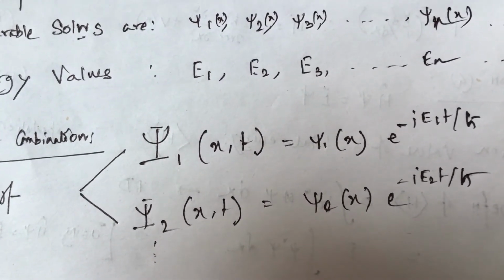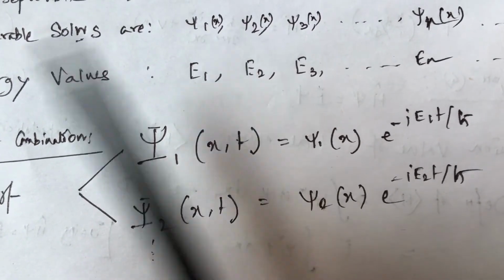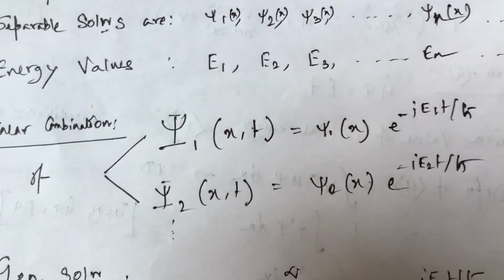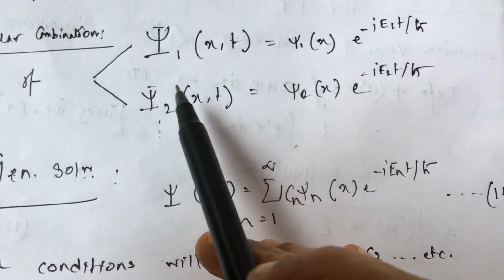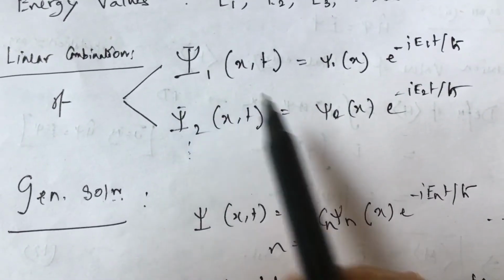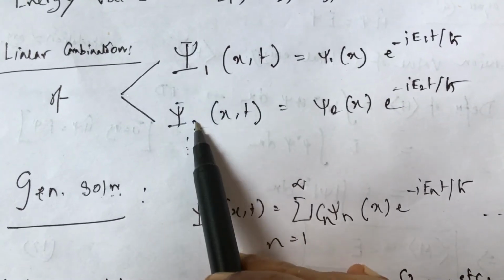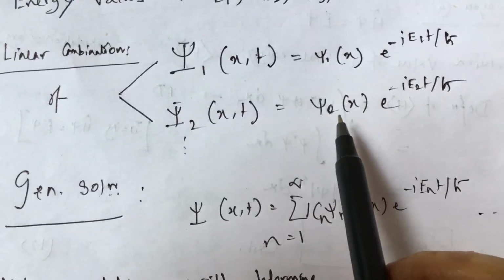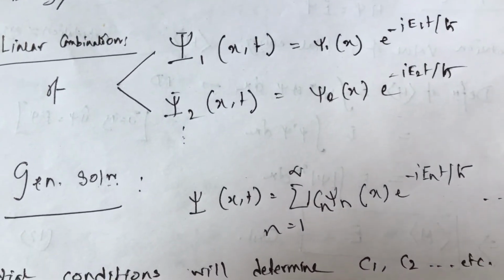Just for the sake of understanding, I am taking only these two solutions. I can take any number, whatever I wish. So for psi1 and psi2, the linear combination will be a linear combination of capital psi1 and capital psi2, where capital psi1 contains small psi1, capital psi2 contains small psi2, and the time factor is like this.